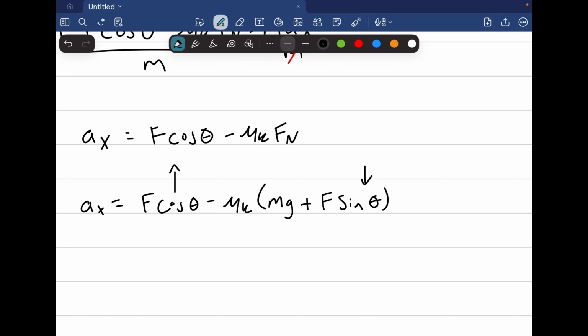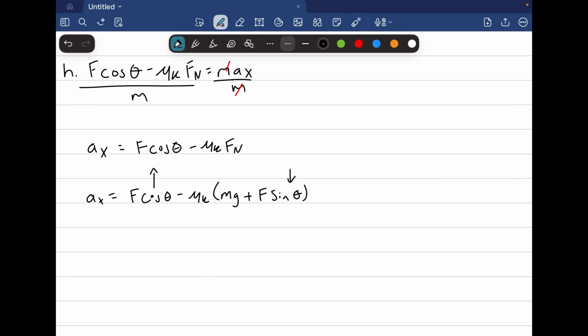So if you decrease the angle, F cosine would increase, which is the force pushing the block to the right, while F sine would decrease, which affects the force of friction, therefore increasing your acceleration in the horizontal direction.